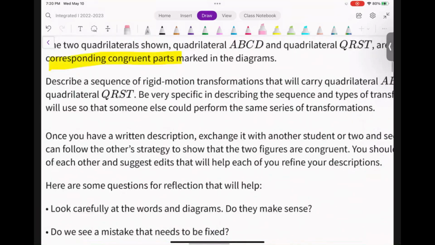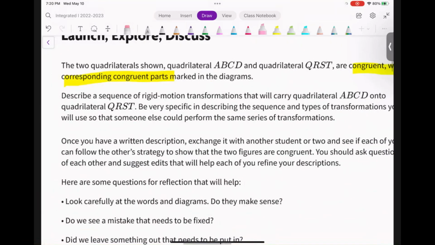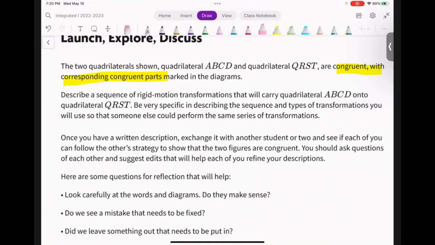It says, describe a sequence of rigid transformations that will carry quadrilateral ABCD onto quadrilateral QRST, and be very specific in describing the sequence and types of transformations that you will use so that someone else could perform the same series of transformations.